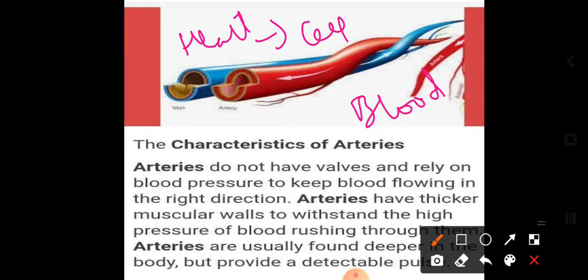So to sustain that high blood pressure, these arteries have a very thick muscular wall, so that they can easily withstand the higher pressure exerted on them. And even in these arteries, the lumen size, lumen means the space through which the blood is moving, is very small comparatively to the veins, as they have to pump the blood from heart to all the body parts.